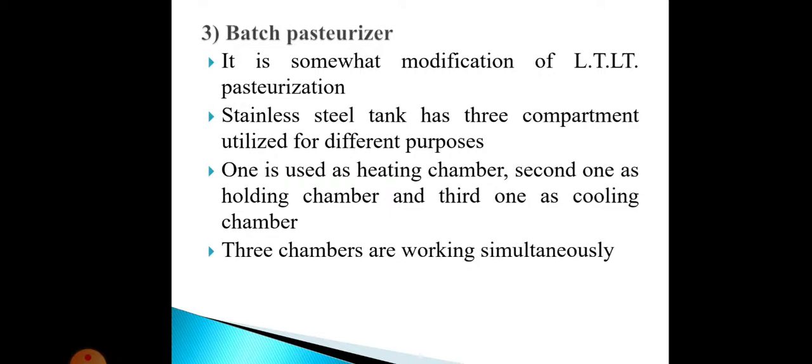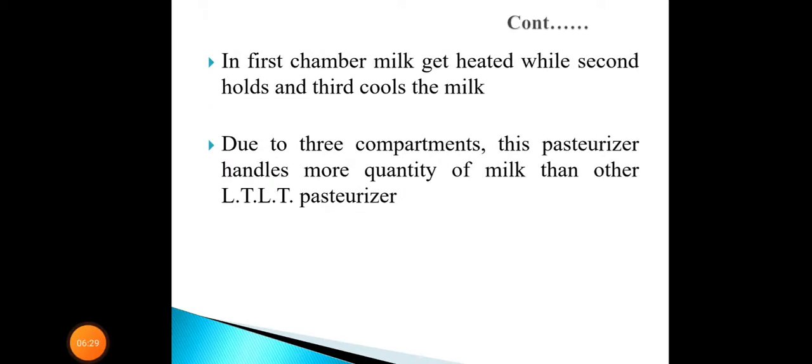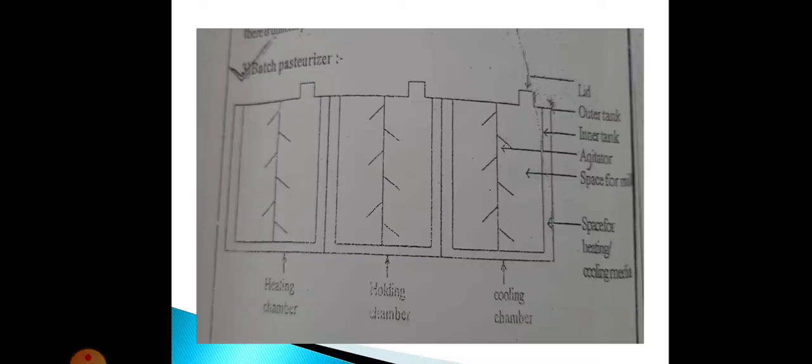So 3 chambers are working simultaneously. In the first chamber, milk gets heated while the second holds and the third cools the milk. Due to 3 compartments, this pasteurizer handles more quantity of milk than other LT pasteurizers.